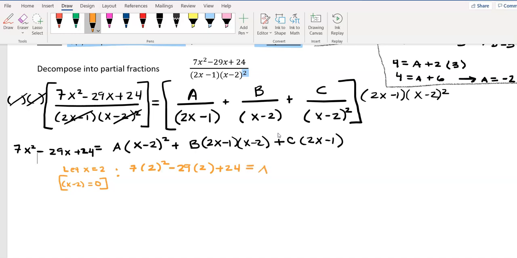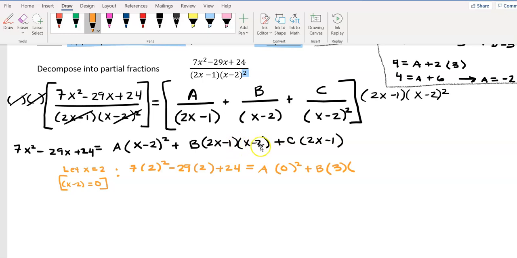And then the right-hand side would be a times, and if I plug a 2 in, 2 minus 2 is 0, so it's going to be a times 0 squared plus b times, and if I plug a 2 into this factor, 2 times 2 is 4, minus 1 is 3. So I'll put a 3 there, times, and then there's another factor I have to plug it into.